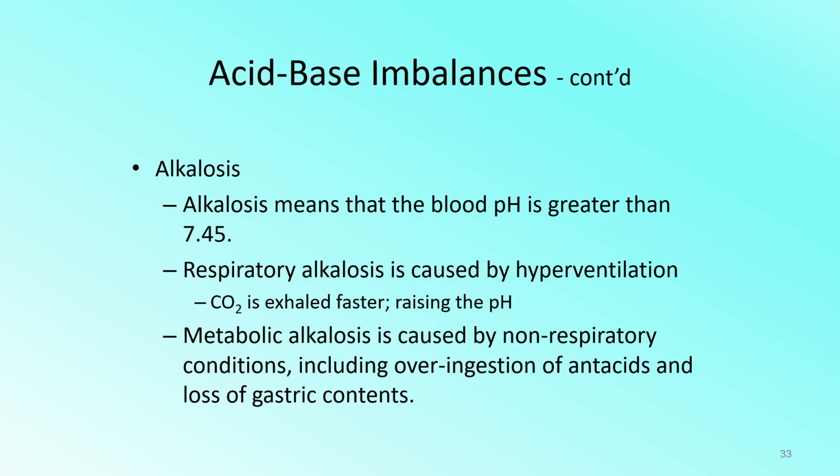If you're vomiting that out, you're losing acid that would normally be resorbed. So that's a metabolic alkalosis. Persistent, severe vomiting can cause metabolic alkalosis. Another situation of metabolic alkalosis is taking too many antacids for ulcers or gastric irritation.